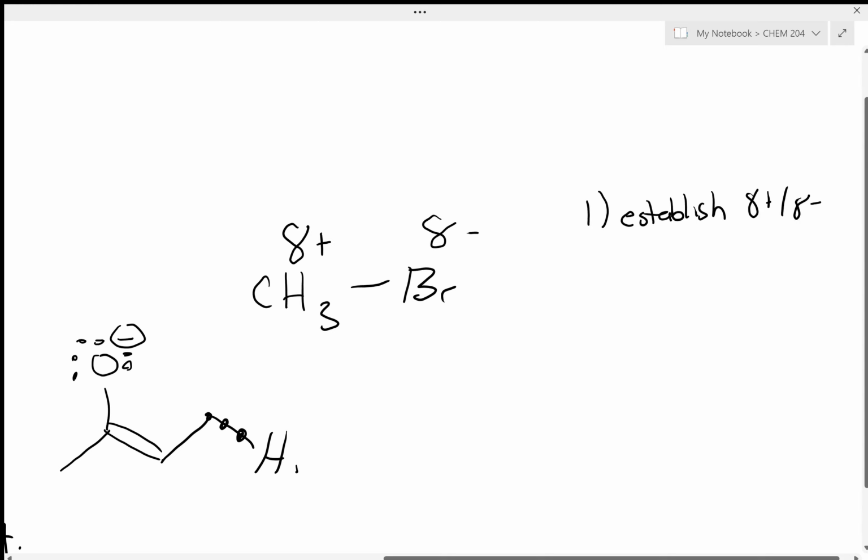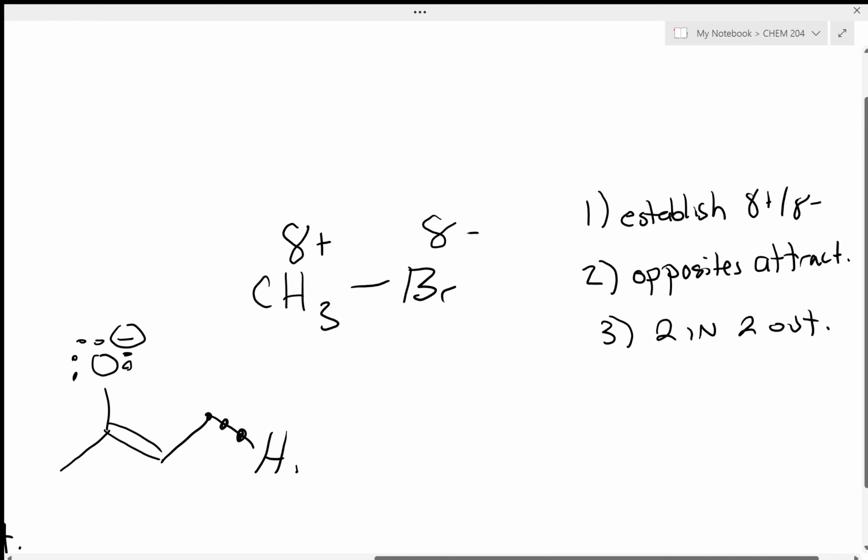What that means is partial charges. And two, I can then say opposites attract. 3, then I can go 2 in, 2 out in most cases, unless one of them is already occupying or having a positive charge, meaning you don't need a 2 out. So this is a very important concept. Keep this in mind all the time.